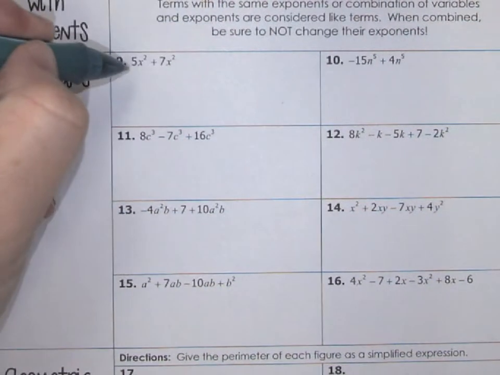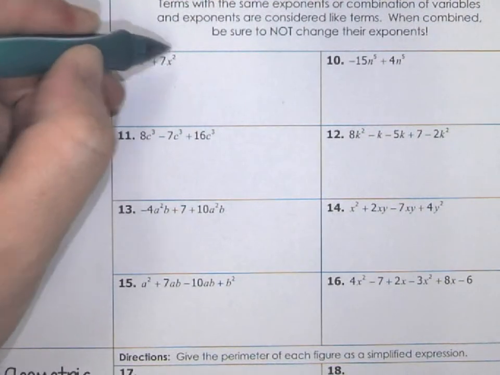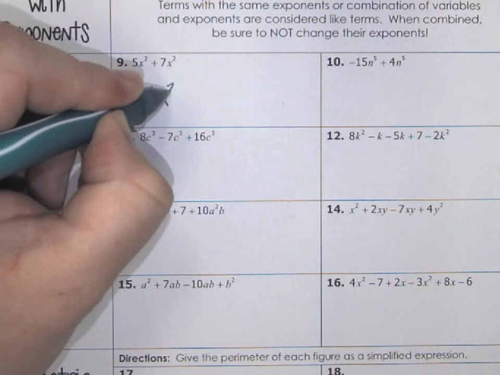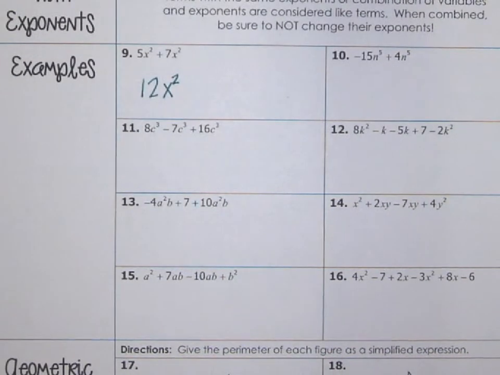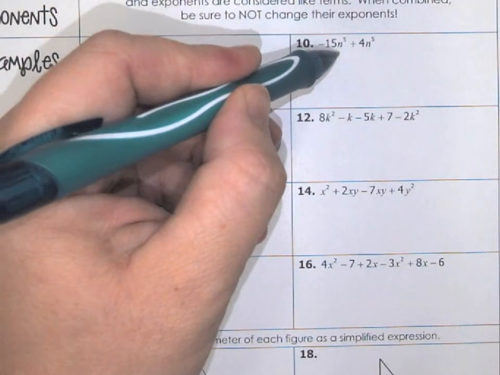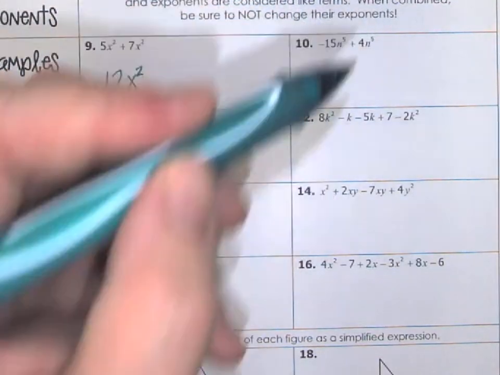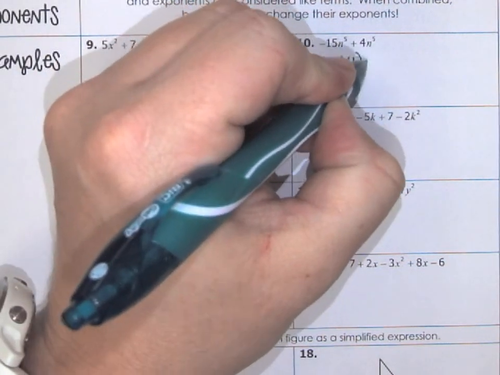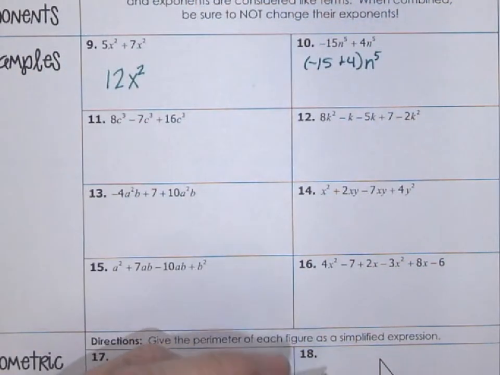So here I have 5x squareds and 7x squareds. So all together I have 12 x squareds. The x remains the same, the squared remains the same. Here I have negative 15 n to the fifth and 4 n to the fifth. Again, I just combine the coefficients.